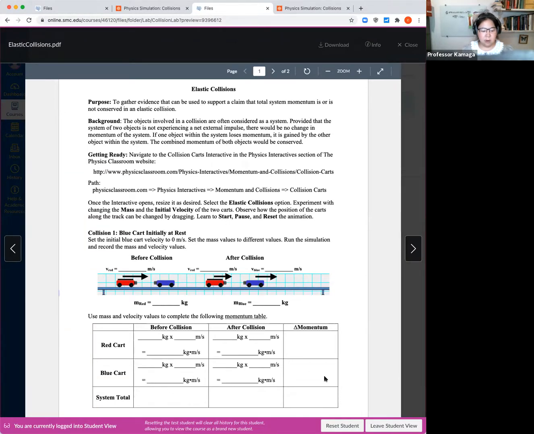It's going to be here. How about the change in momentum if you're looking at the system total, which is the red card plus the blue card? You're going to see the total momentum after collision minus the total momentum before collision. And you write down the difference in momentum. So that's what I want you to fill out.